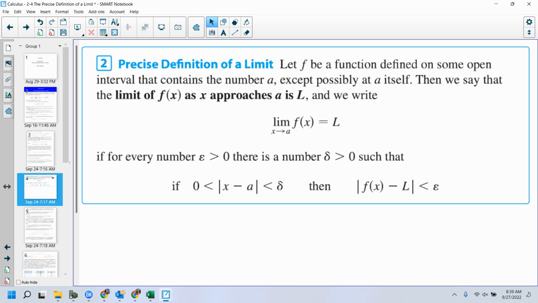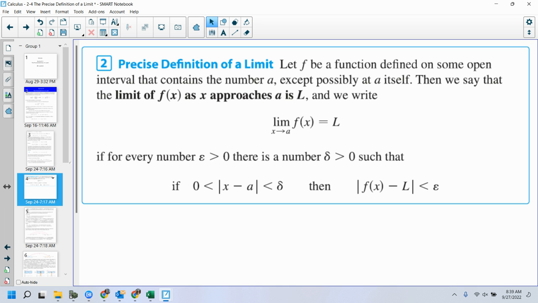And our output values, what we plug and chug to, that is reducing our epsilon. So the closer and closer we want L to get to the value of our limit, or the value of our function, that's making epsilon smaller and smaller, thus, in turn, making delta smaller and smaller.